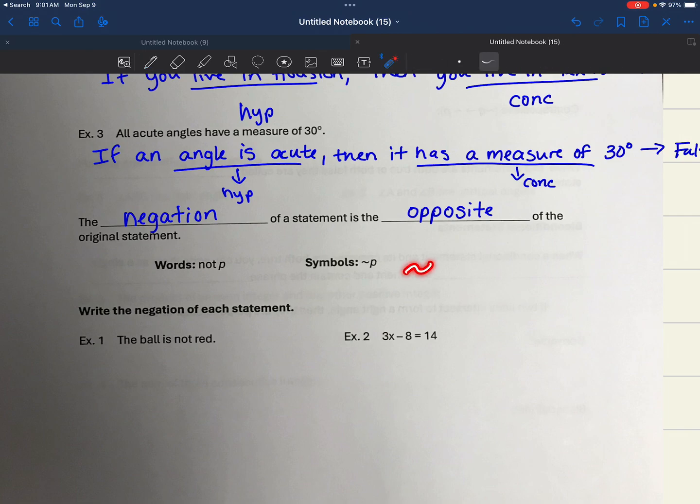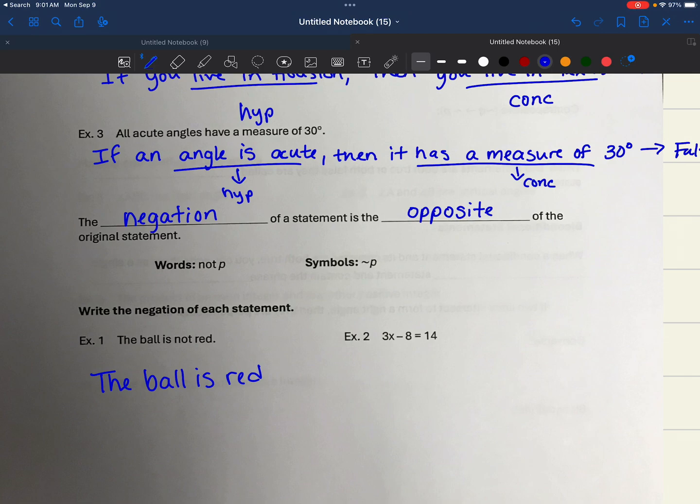So with words, remember we talked about before up at the top, we could say not P, or you use this little symbol that's like a squiggly line. Okay, so whatever P may be. So like in this case, if the statement is the ball is not red, how can I negate that statement? The ball is red, okay? So just writing the opposite of what they give us.